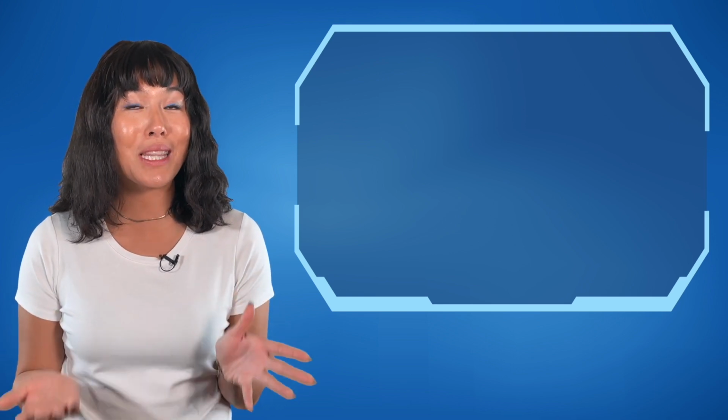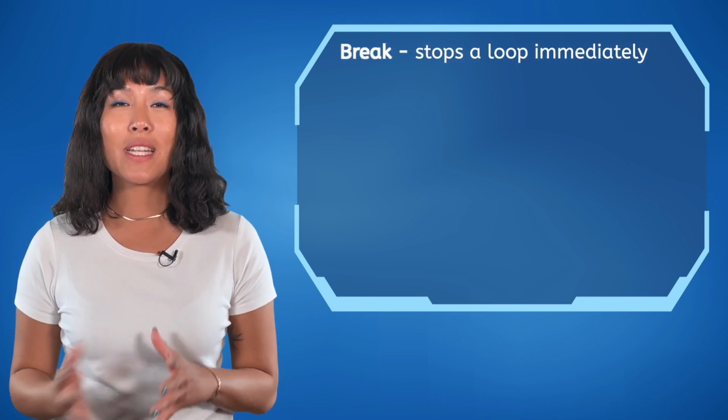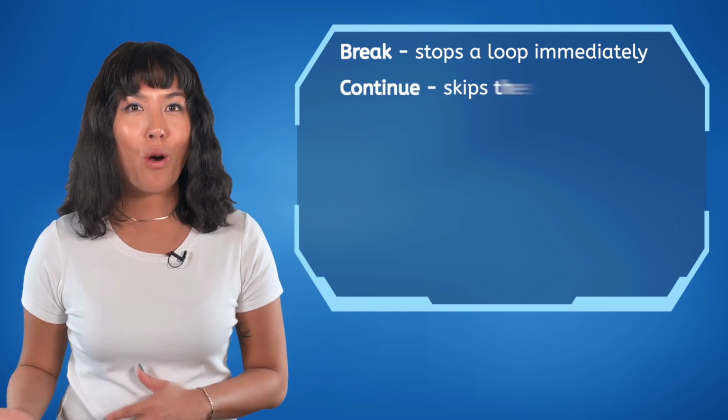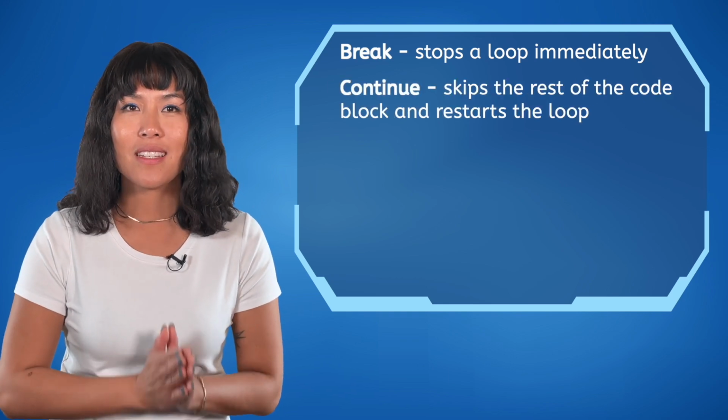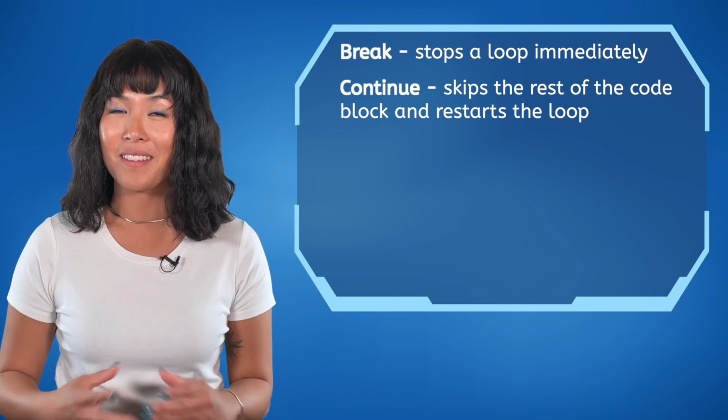As we dock back from our journey, I hope you've gained insightful knowledge about these new looping tools. We can use the break command when we need to stop a loop immediately. We can also use the continue command to skip some code within the loop and begin the loop again.